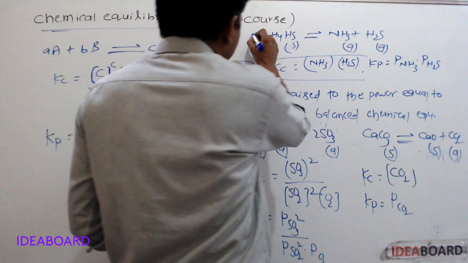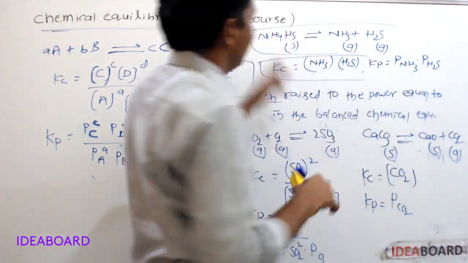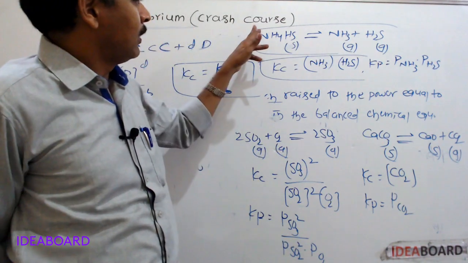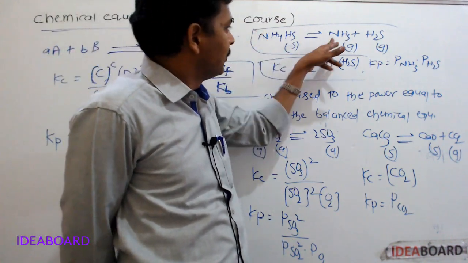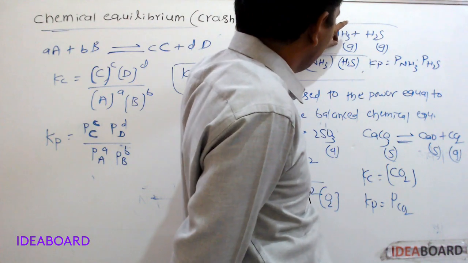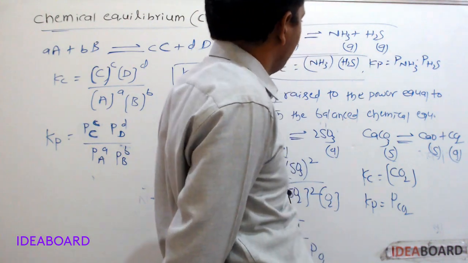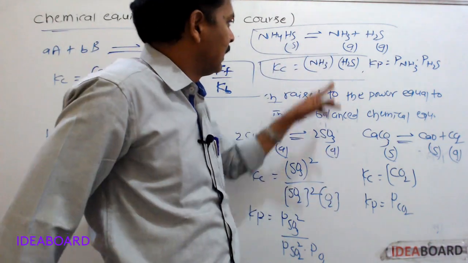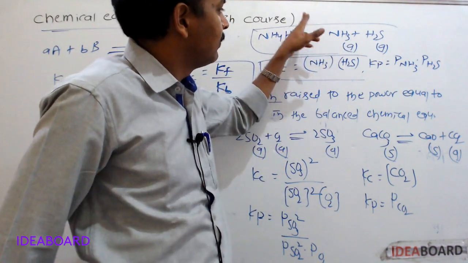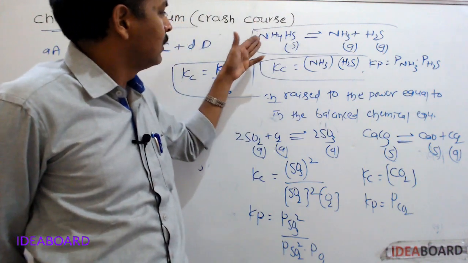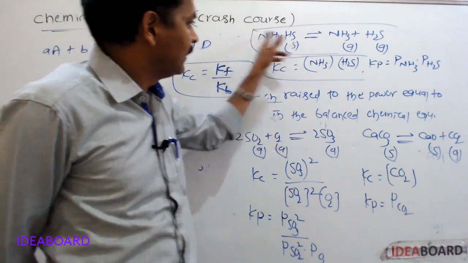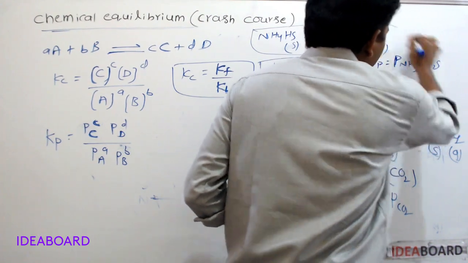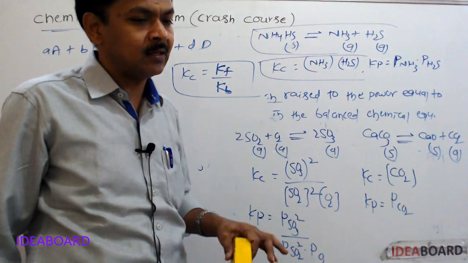For example, if I ask like this, for this reaction, if the partial pressure of ammonia is 15 atmospheres, what is the Kp value? For this reaction, I give the partial pressure of ammonia as 15 atmospheres.